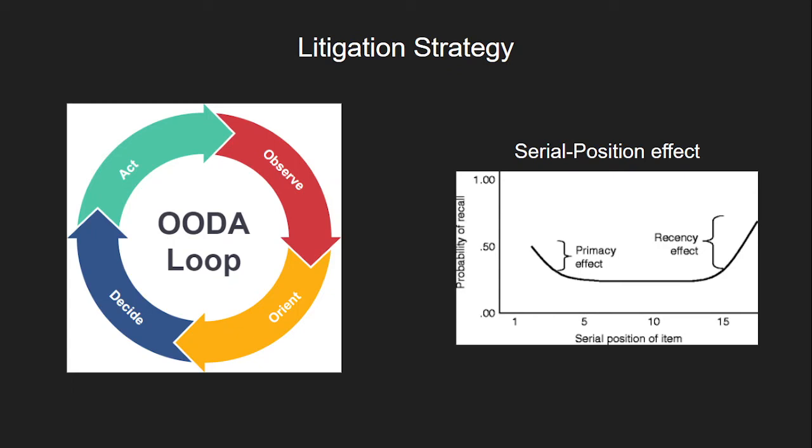So if you know this, there's a basic strategy, which is to use this fact to orient your decision making. If you're the prosecution, you have an interest in the primacy effect being as strong as possible on the judge or the jury.